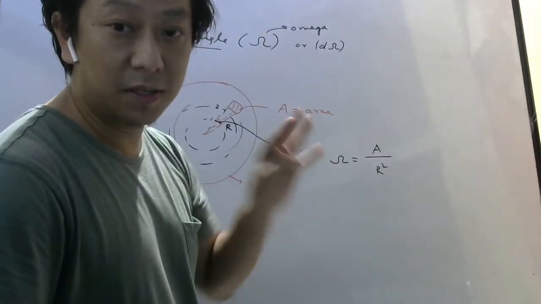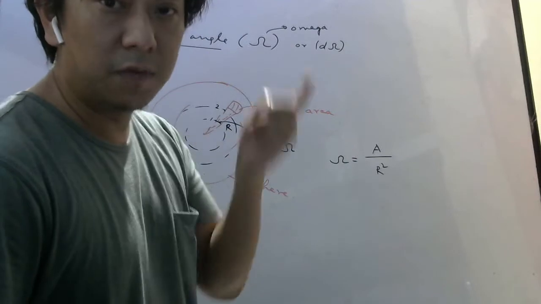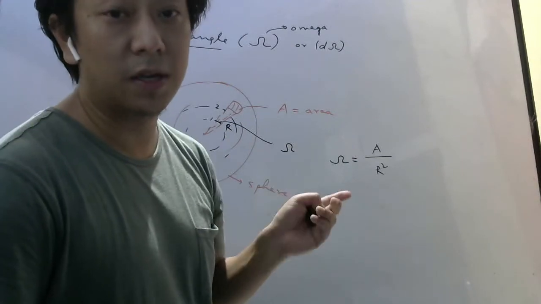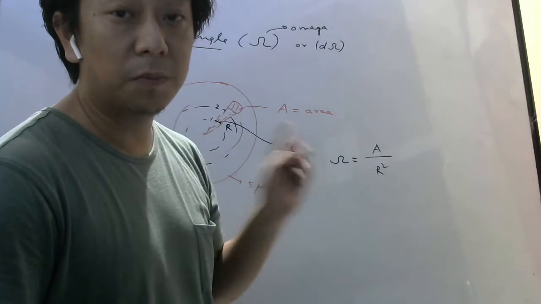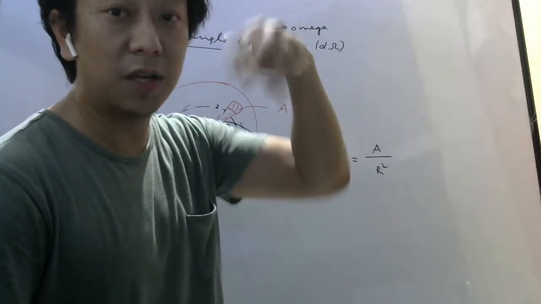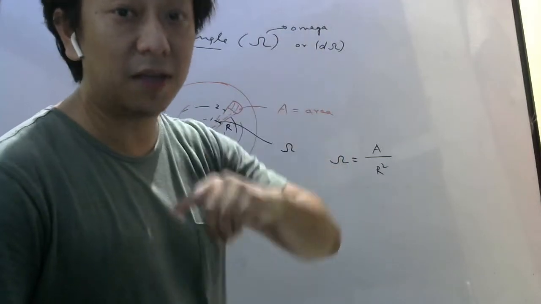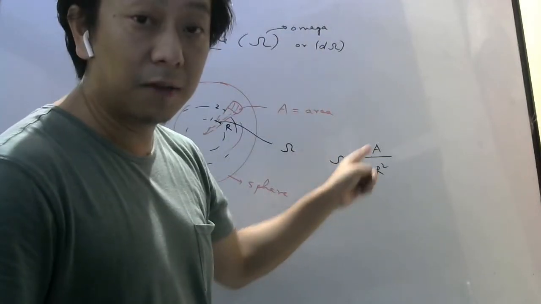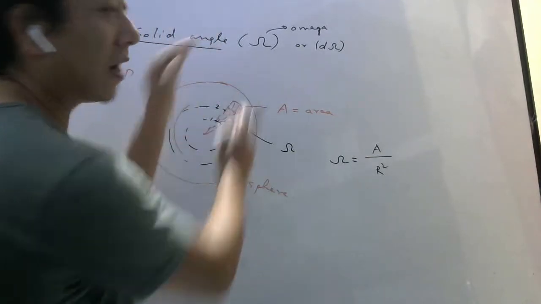But since it is in space, we have taken a part of a sphere. There we took a circle, here we took a sphere. There we took part of a circle, which is called an arc. Here we took part of a surface, which is a small area. Then we divided the arc length by radius. Here we divide the area by radius square, because the area increases as r square.